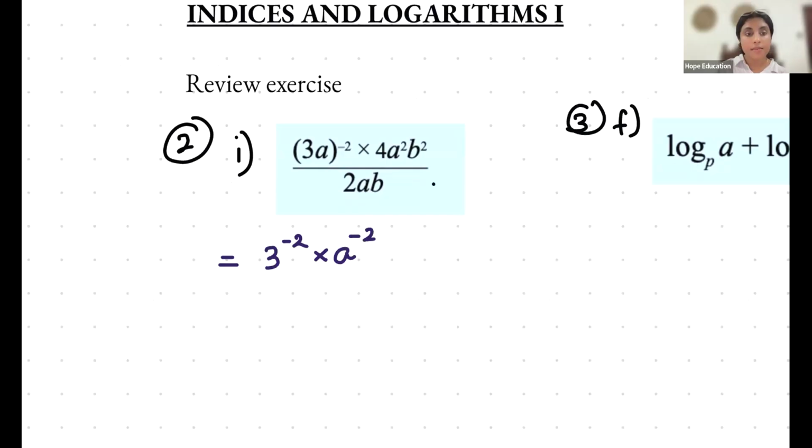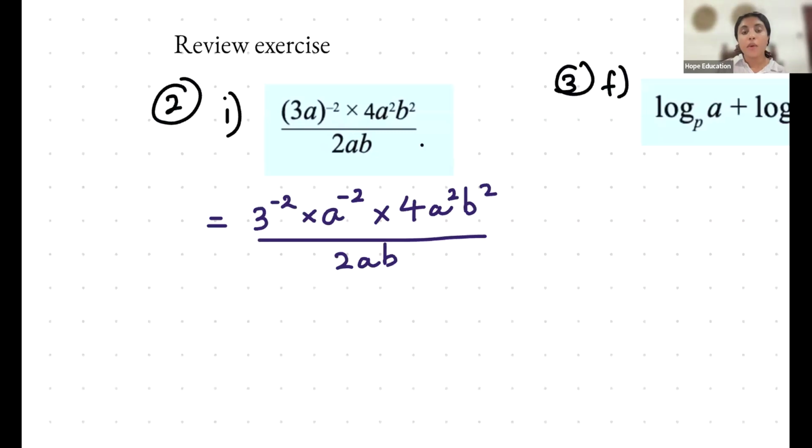Now, how do I remove the minus in the power? If you take 3 to the power minus 2, how do I remove this minus?